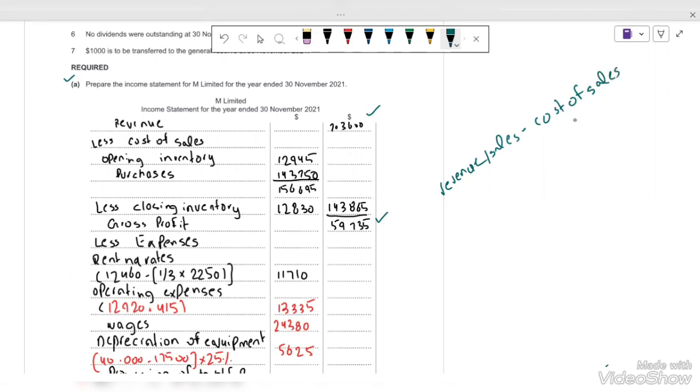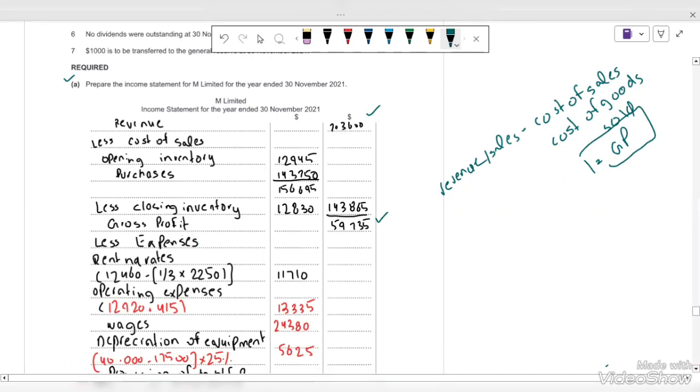You can use both of these, cost of sales and cost of goods sold, because the meaning of both is the same. So after that you have GP, which is your gross profit. After that we have expenses, and we have to deduct these from the gross profit also.